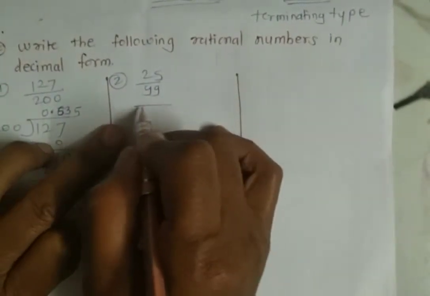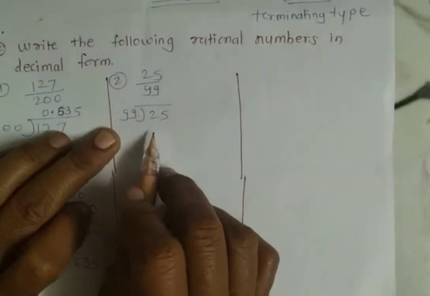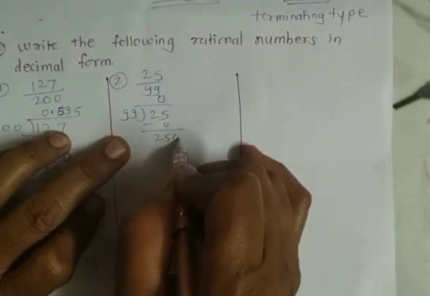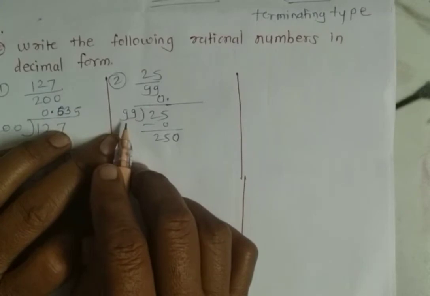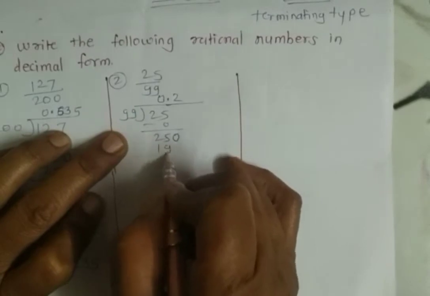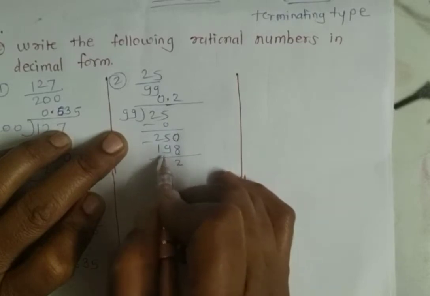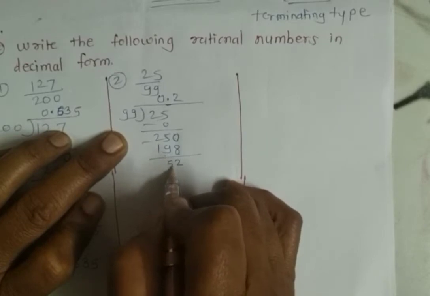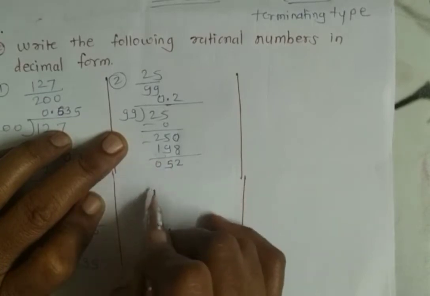Numerator is 25, denominator is 99. 25 is less than 99, that's why here we take 0. 25 as it is, taking one more 0 here, and a decimal point. 99 multiplied by 2 means 198. 250 minus 198 gives 52 as the remainder.